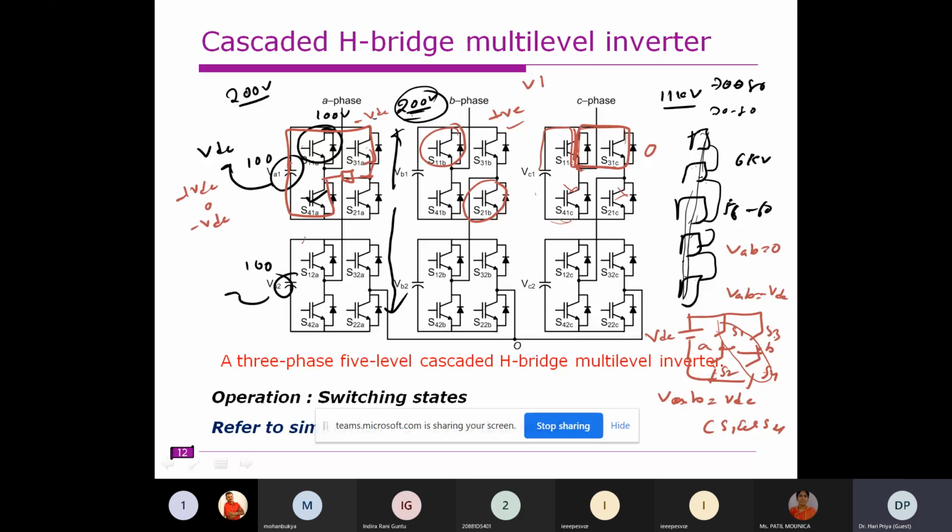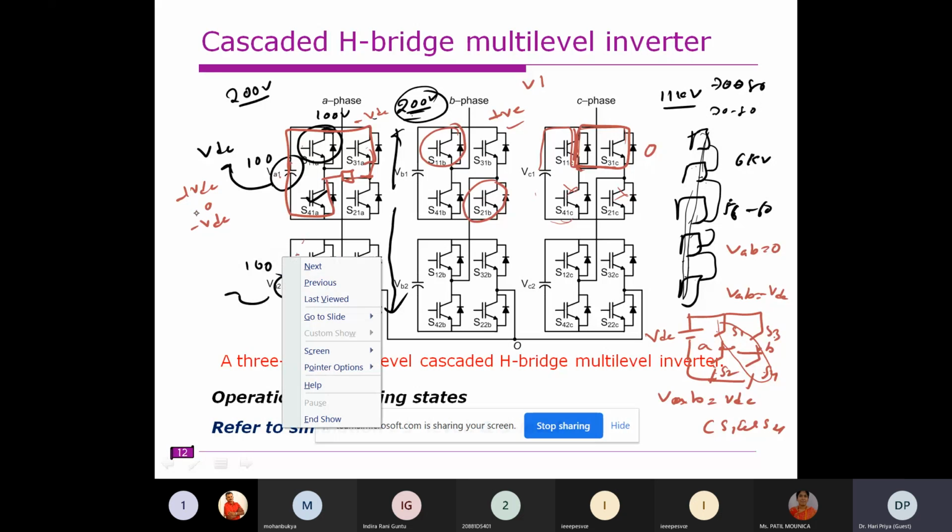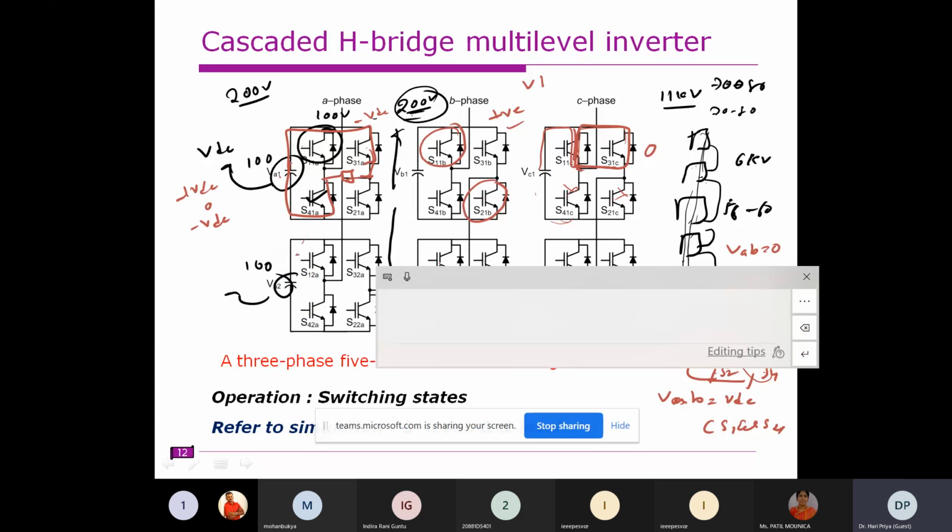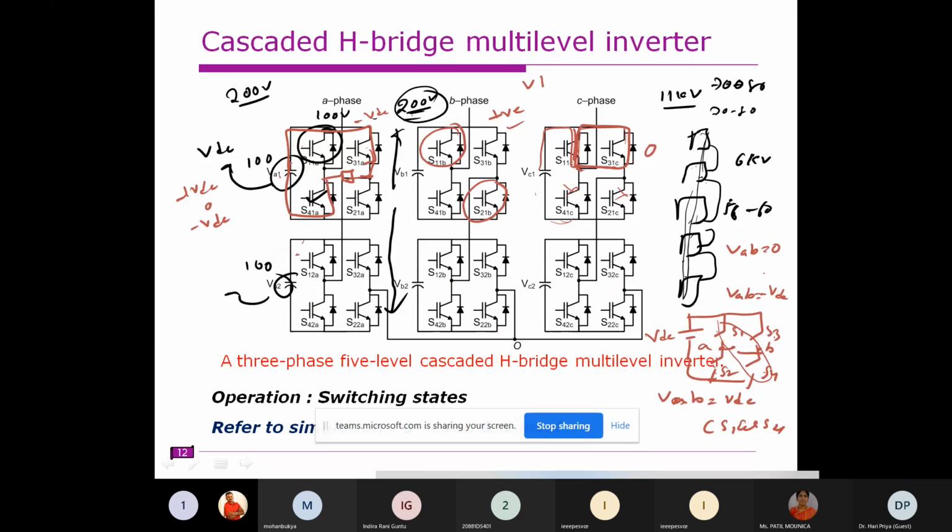So when we add two bridges together, what are the possibilities? This can produce VDC, the bottom one can produce VDC. So we get 2 VDC, VDC, 0, minus VDC, minus 2 VDC. When both bridges are generating plus VDC, we get plus 2 VDC.